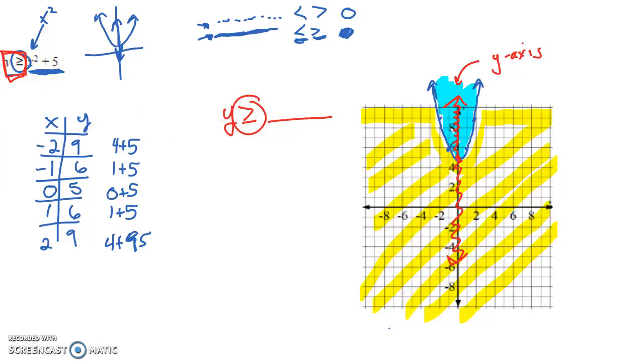And I hope it's clear to everybody that as we move up, y gets bigger, which would indicate that the blue region is the correct region to shade. So my final answer as a rough sketch would look something like this, solid parabola with those points specifically plotted, and then all this stuff is where I would want to shade.